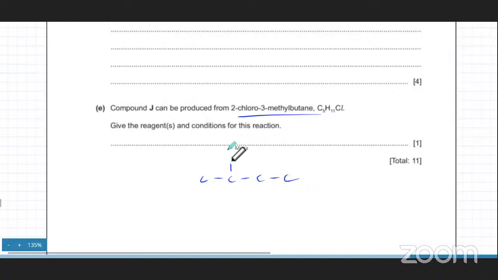So on the second one there's a chlorine, and on the third one there's a methyl, which is 1 carbon atom. So it's CH3. All you have to do is get rid of the Cl and substitute it with OH. That's a reaction of halogenoalkane. That's a nucleophilic substitution reaction.